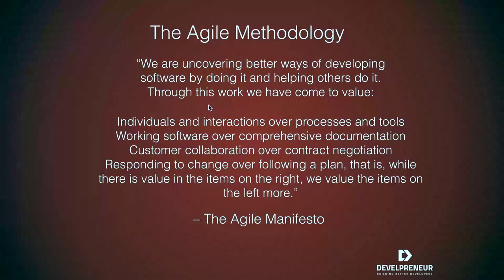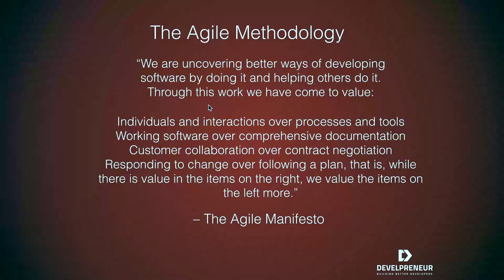That is, while there is value in the items on the right side of this, we value the items on the left more. So everything where it says individuals and interactions on the left side over processes and tools on the right side.